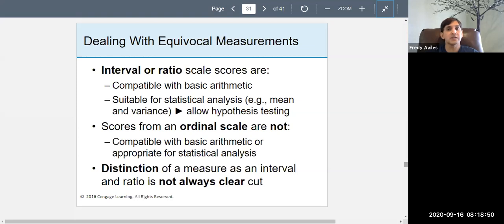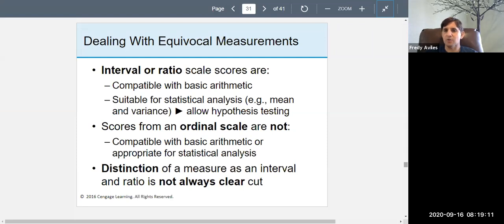When you have numbers, you can do all the math, and that's what we do in statistics. They're suitable for statistical analysis, means, variance, and hypothesis testing. You can do that with an interval or ratio scale when you have numbers.